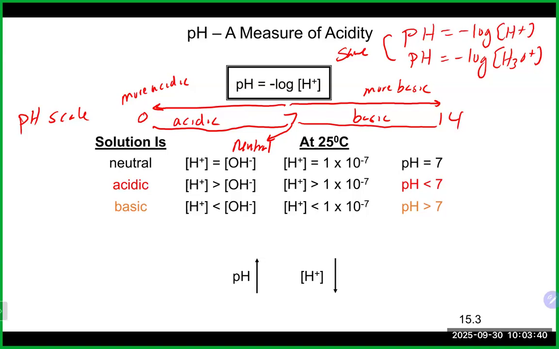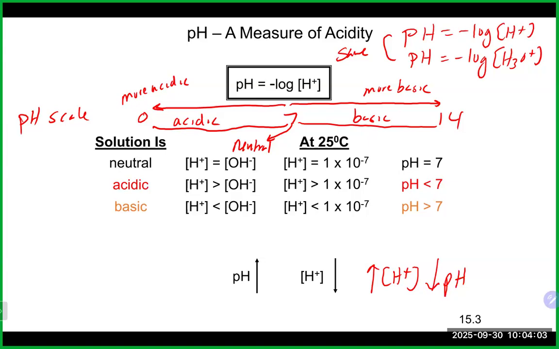If you have a greater H plus concentration, your pH will be less than 7. And if you have a greater OH minus concentration, then your pH will be above 7. So as the concentration of H plus goes down, the pH goes up, and vice versa. The more H plus you have in the solution, the lower the pH will go.